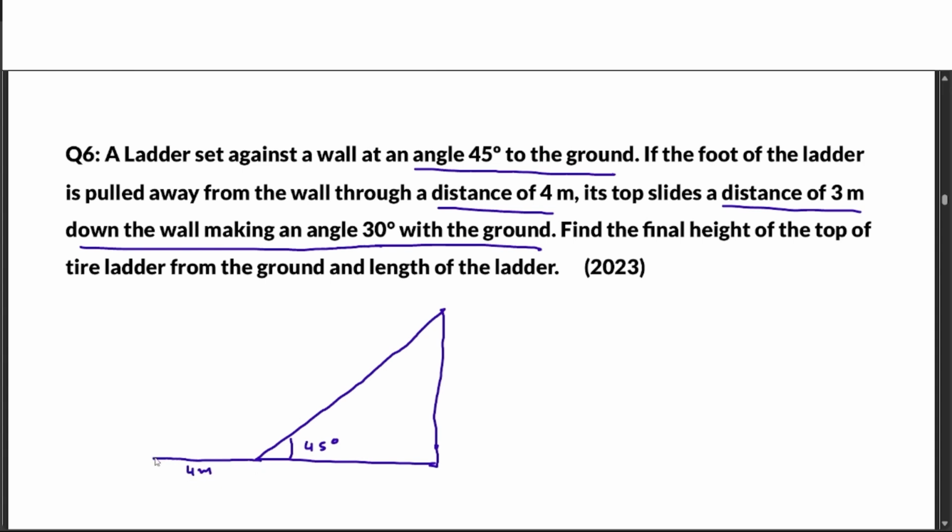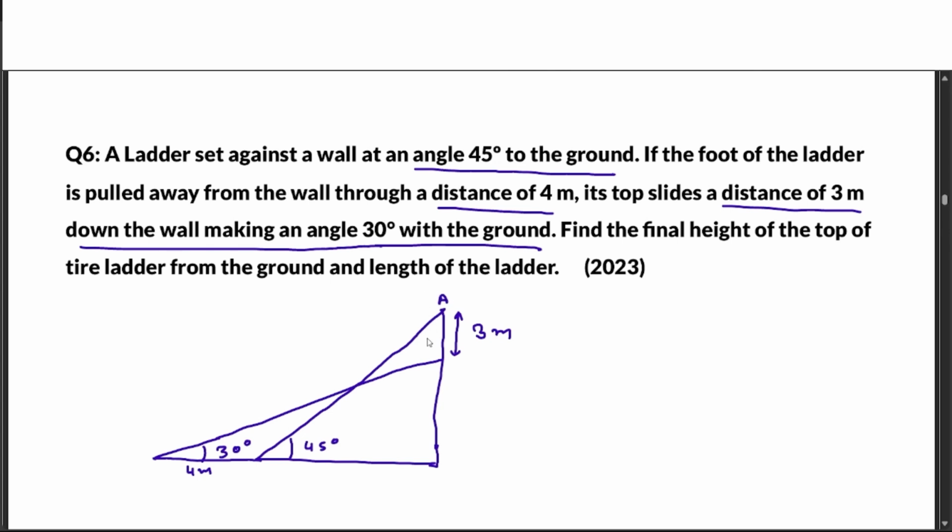And now the ladder is making an angle here how much? That is 30-degree. And this will also decrease, this will come 3 meter down. So you can say 3 meter, and basically here you have been given this much of the figure. So now we can mark this figure.